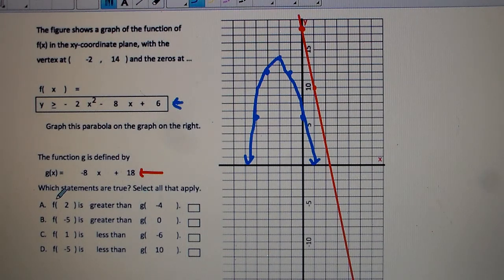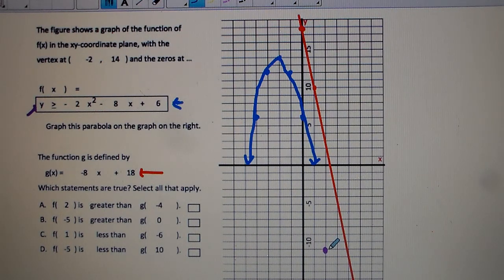So I'll do that in purple. So f of 2 is greater than g of -4. When I say f of 2, f refers to the f of x function, which is this guy on top here. So when this function is at 2, so 1, 2, that function is probably going to be down somewhere around here if we follow that arrow.